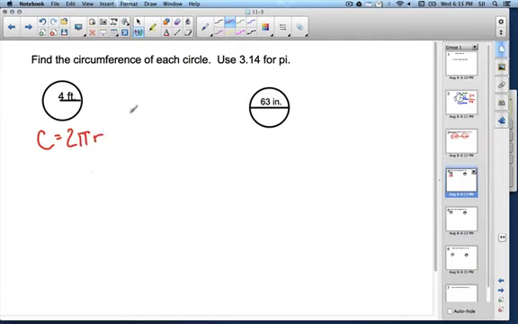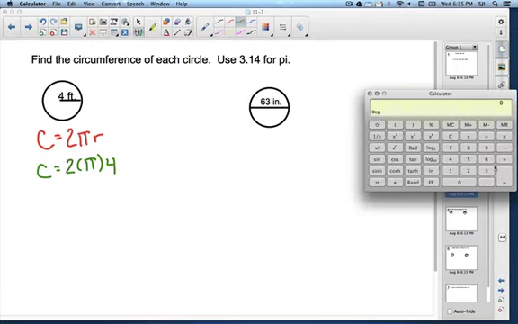Now that I have the formula written down, I'm going to substitute my length for the radius, 4, into this equation. So that means C equals 2 times pi times 4. So now we're going to go to our calculator because we need to multiply 2 and pi and 4. Remember, it doesn't matter what order we put the numbers into the calculator because we're multiplying.